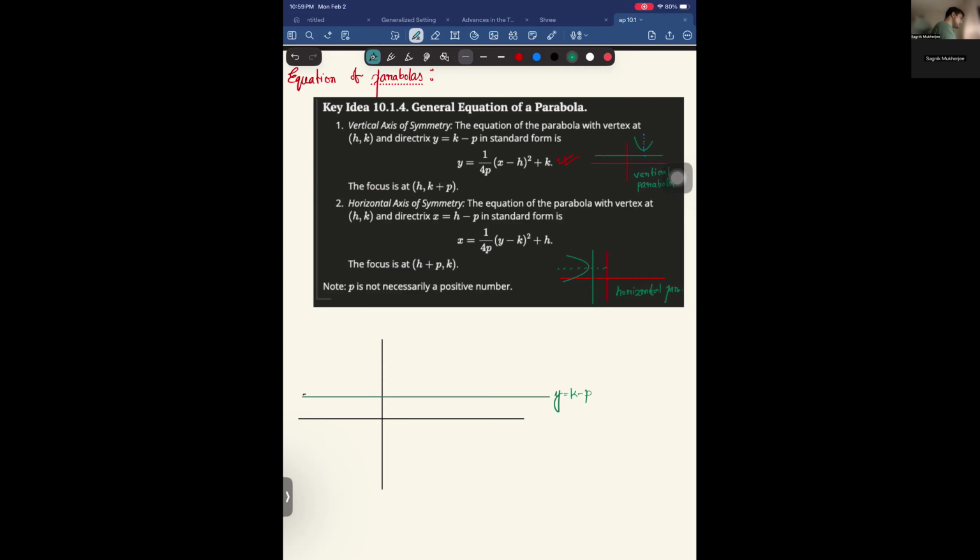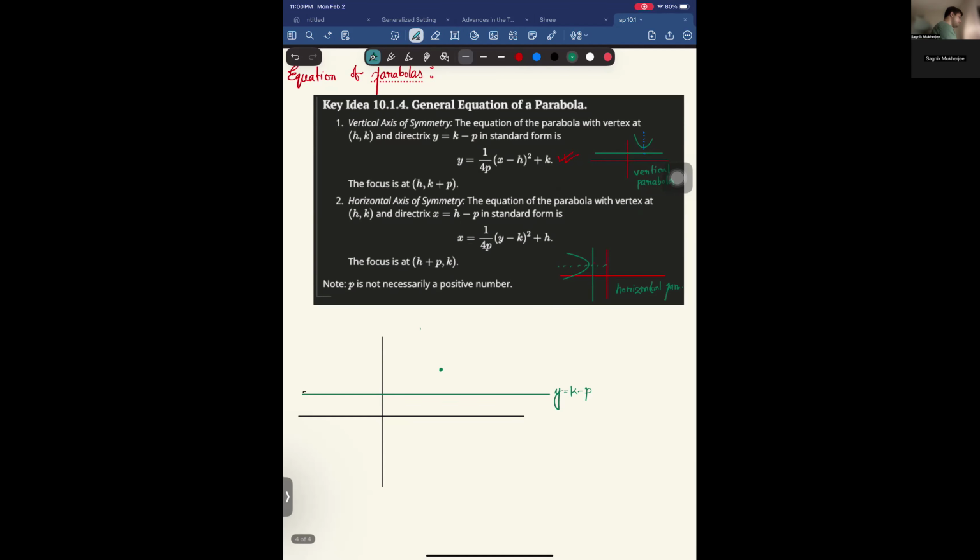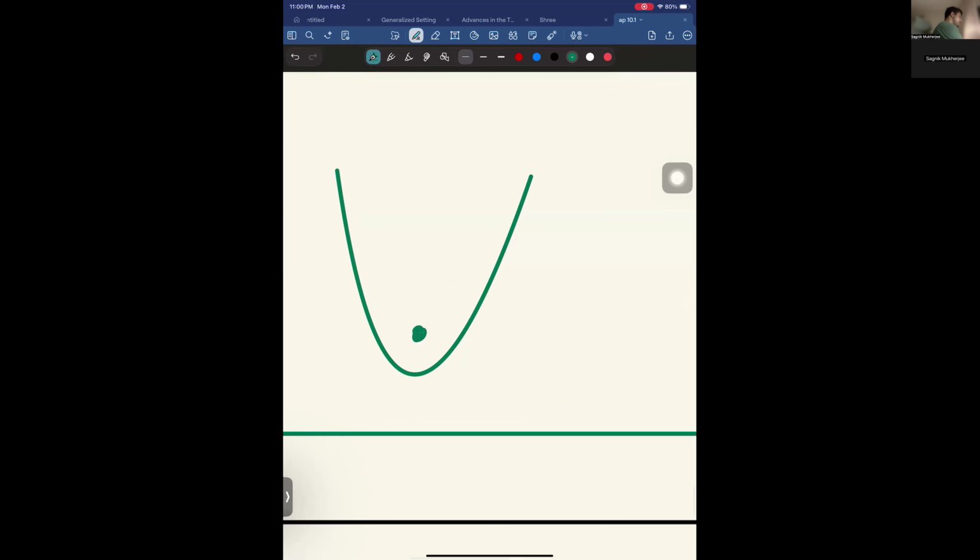The vertex is at h comma k. So let me first draw this. So this is the vertex. This is the focus, and this is the vertex.